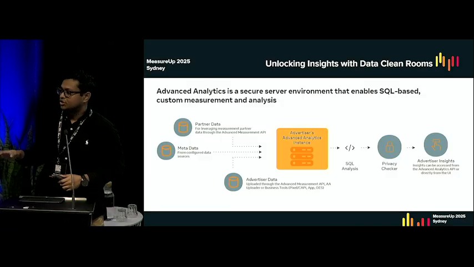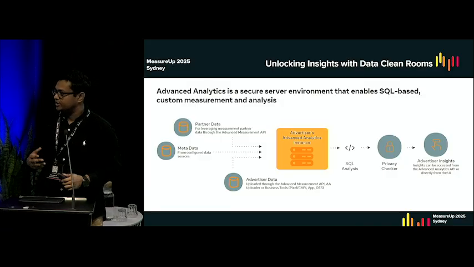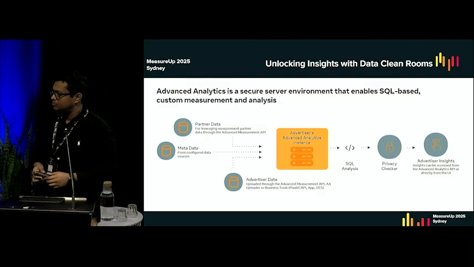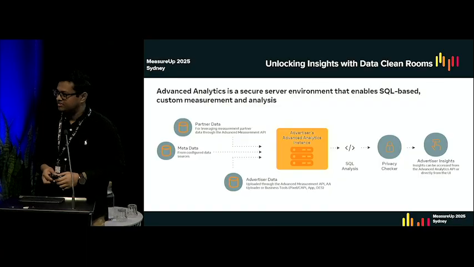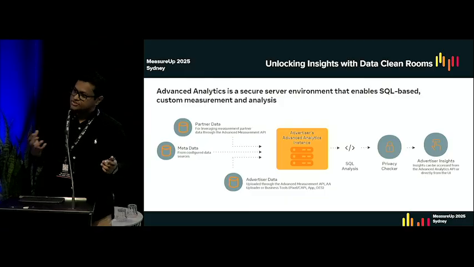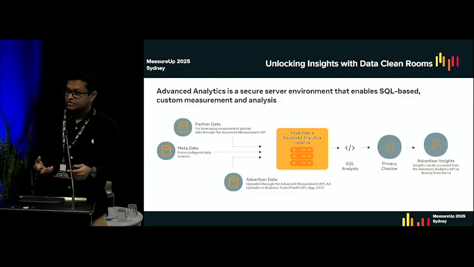So there is no way you can see row-level data, individual-level data, or do any analysis that shows or exposes any individual. It has to be always aggregated, and it's fairly common with all publisher data cleanrooms, and to be fair, all data cleanrooms. Any analysis you have to do, it has to be aggregated, usually with a group of 50 or more. So everything is stitched together. It's ready for you to analyze.